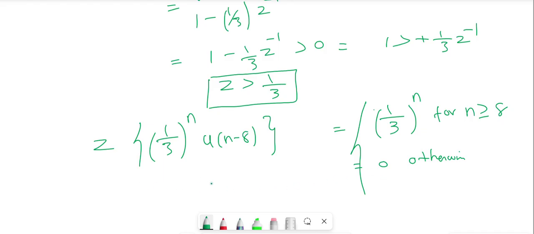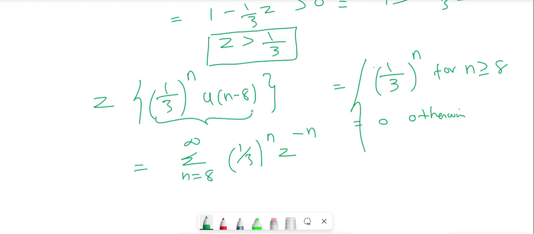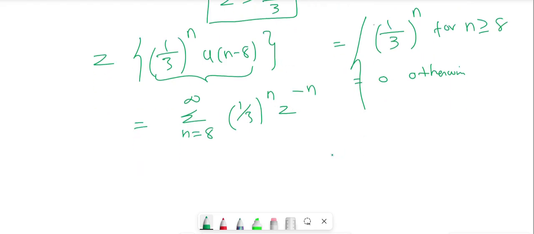Now you can apply the limits, that is summation of n equal to 8 to infinity of (1/3)^n z power minus n, where this is x of n equal to (1/3)^n for n from 8 to infinity.